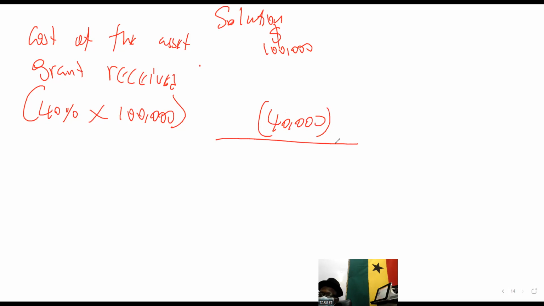So finally, what will be the net amount? 60,000. So on which depreciation will be levied? Let's calculate depreciation.